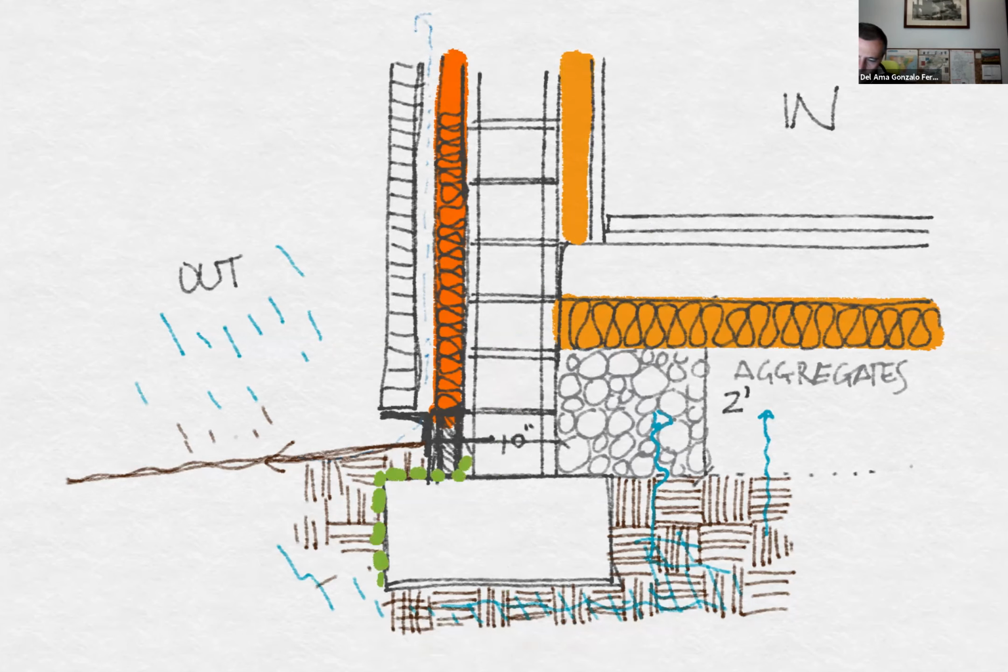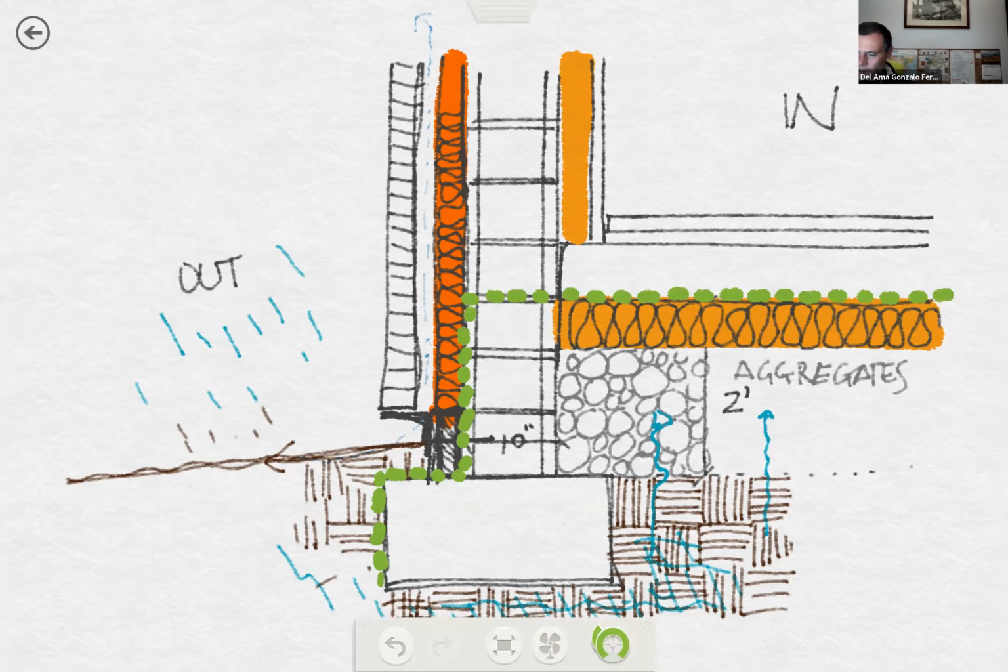I can run this waterproof layer between the concrete masonry unit and the thermal insulation, and I can go this way. Even I can go all the way, separating the thermal insulation from the concrete slab.